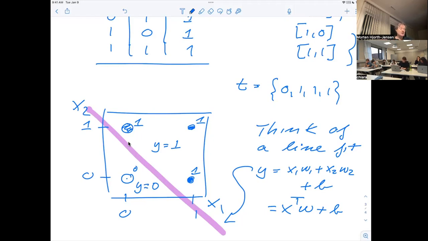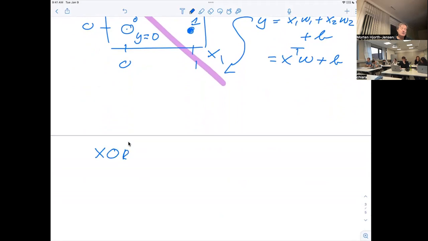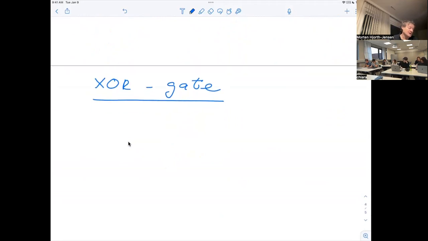But what you're going to see now is that there is another gate, which is called the XOR gate, where this kind of approach is going to fail miserably. So let's look at the XOR gate. The XOR gate has the same inputs. So that means that when we set up a model for linear regression, the design matrix is going to be exactly the same.